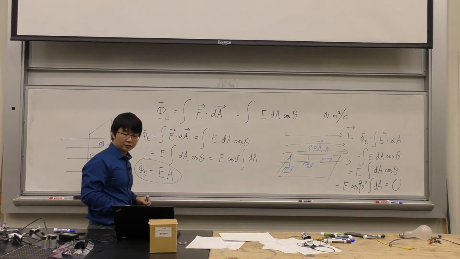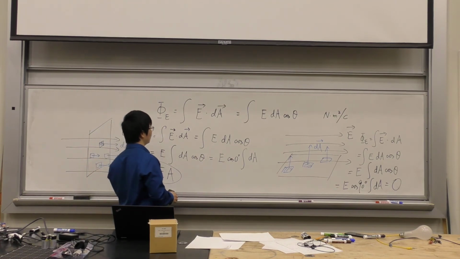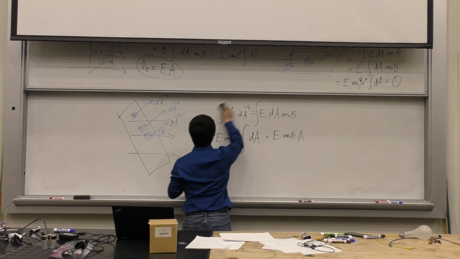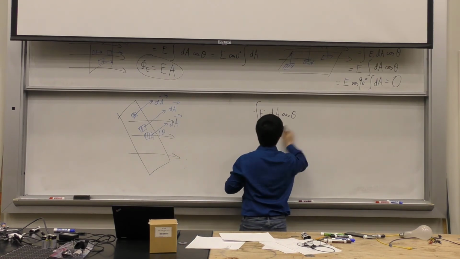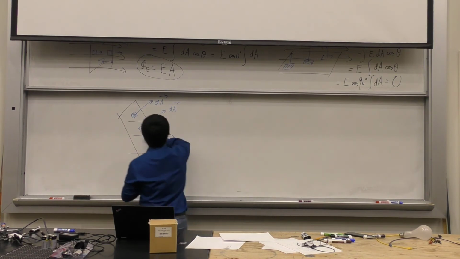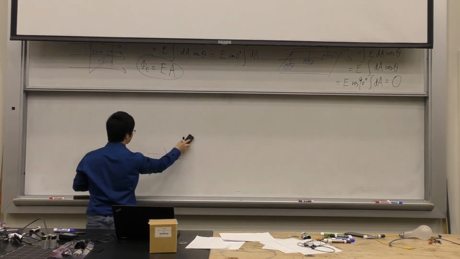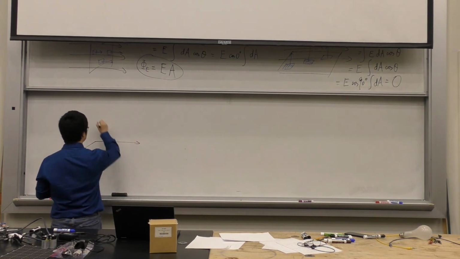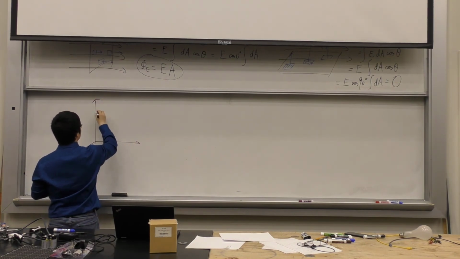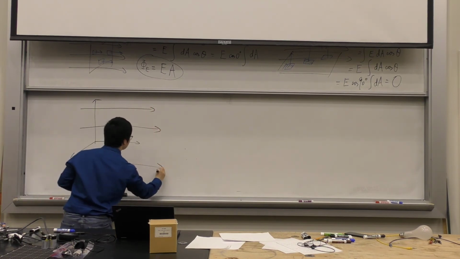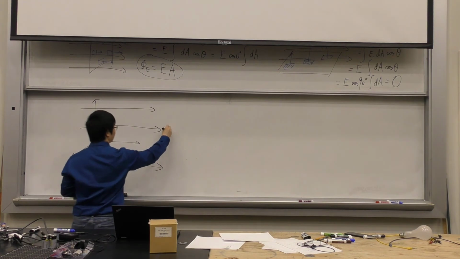So the electric field is in the x direction, so let's draw it out. I don't think I need this, so I'm going to erase this. The electric field is to the right, uniform, in the x direction.